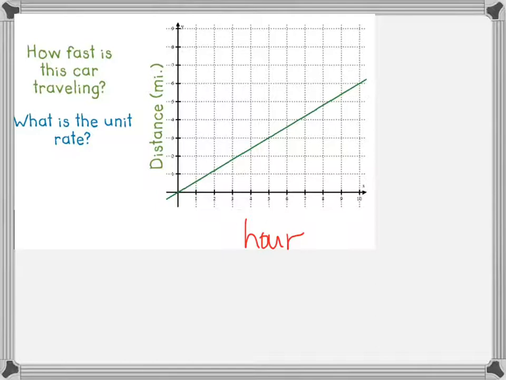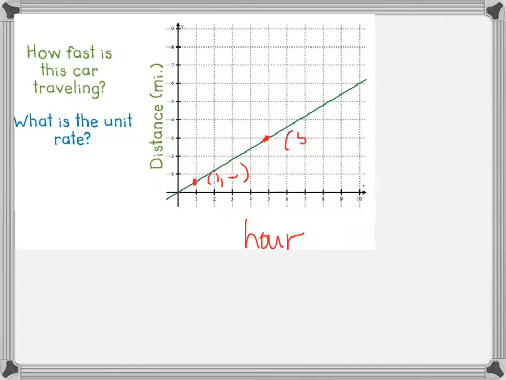Let's locate the first point where it meets at an integer value. You don't want to choose this point right here because even though it's 1 for hours, it's really difficult to see where this meets. The x coordinate here is 1, but it's very difficult to see what the y coordinate is because it's not an integer value.